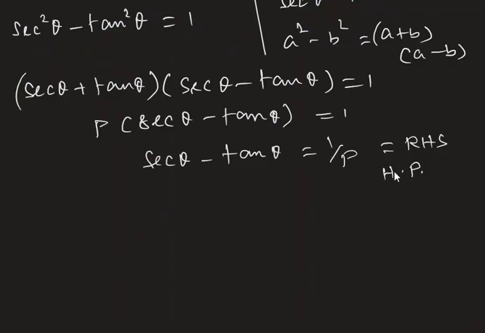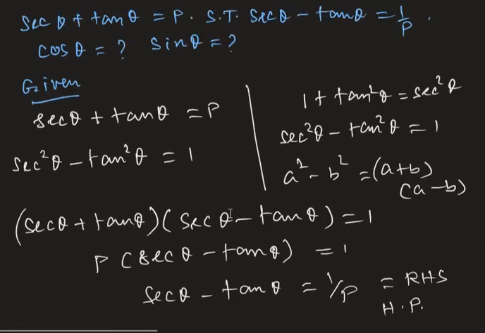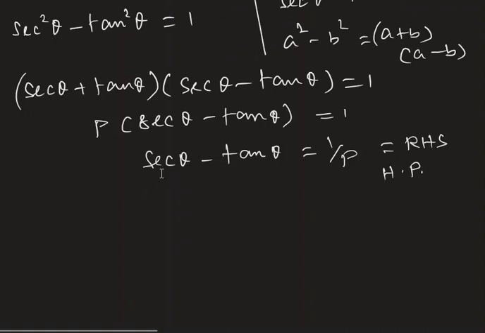Now the problem is not completely solved. They have asked a further question: what are the other two functions, that is cos theta and sin theta. For this we can make use of these two equations. One is given, that is secant plus tan is equal to P. The other one we have found out, that is the proof, secant theta minus tan theta.